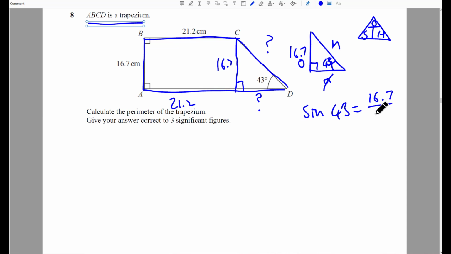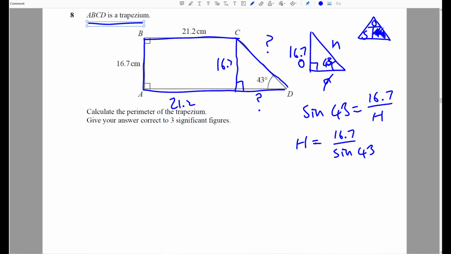So we need to find the hypotenuse, so we need to times by H and move it to the side, so we're going to get H equals. Essentially if you cover this you can see the hypotenuse, we're finding the hypotenuse is opposite over the sine of the angle instead of having to rearrange it, so just a bit quicker. So opposite is 16.7 divided by sine 43.